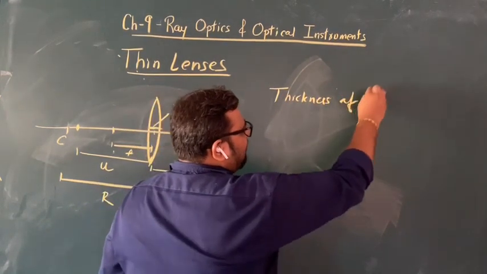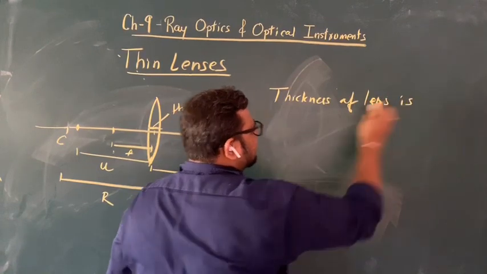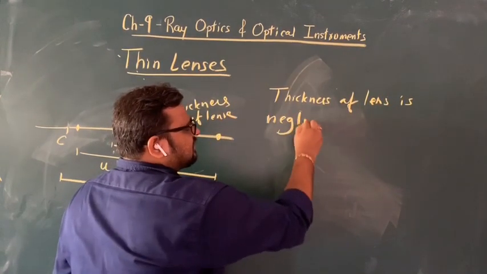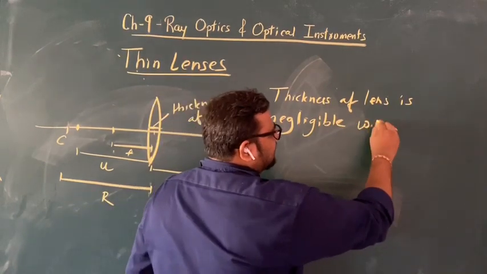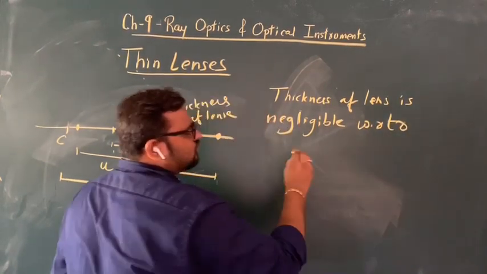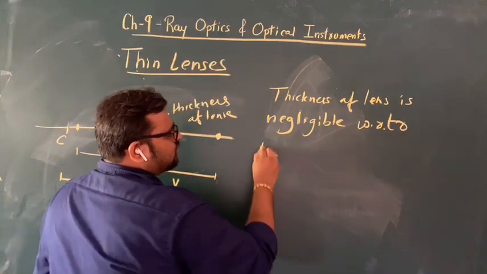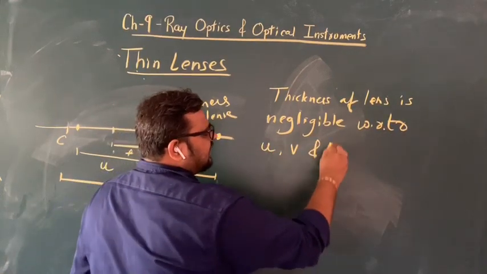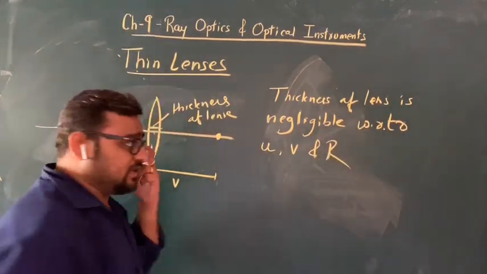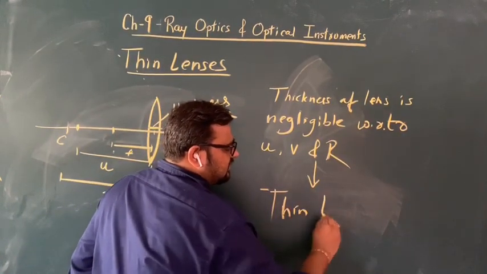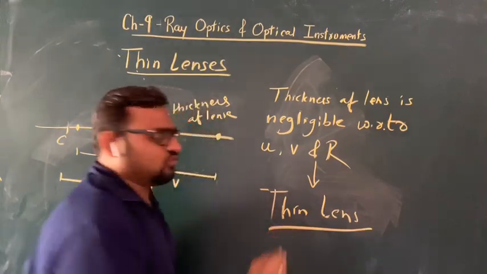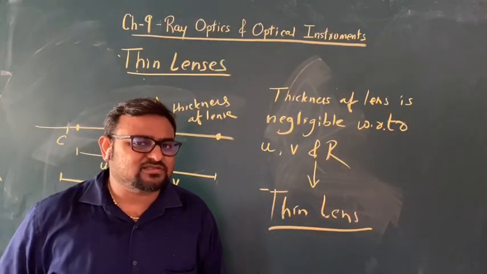So what can you say is a thin lens? If the thickness of the lens is negligible with respect to u, v, and R, then it is called a thin lens. How will you define a thin lens?